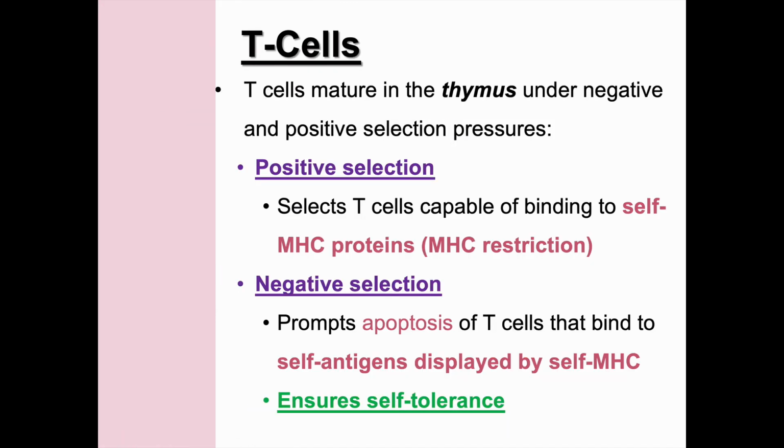Coming to the T cells, the T lymphocyte cells mature in the thymus under positive and negative selection pressures. Positive selection selects T cells capable of binding to self-MHC proteins. Negative selection prompts apoptosis of the T cells that bind to the self-antigens displayed by the self-MHCs. These T cells ensure self-tolerance in the body.